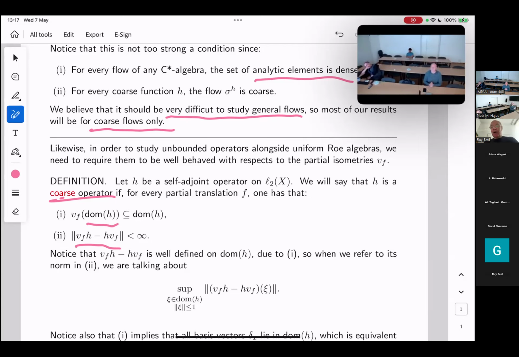Now, a few observations. An unbounded operator is not defined everywhere, so every time you talk about composition, you may run into trouble.